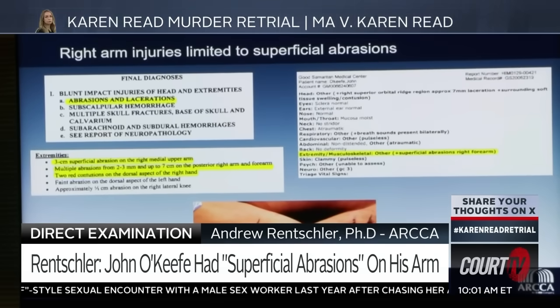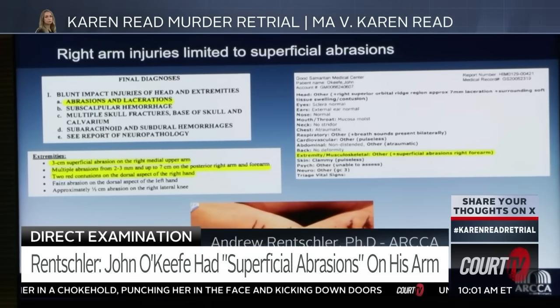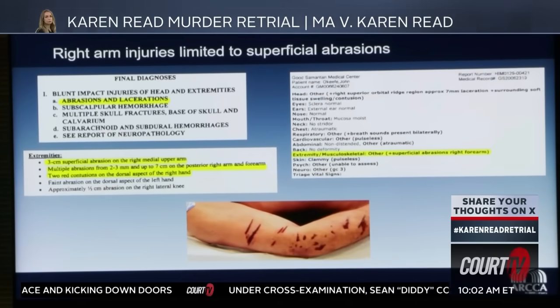When you look at the extremities, everywhere where it talks about the extremities, it's superficial abrasions. So the first step in a biomechanical analysis, you review the medical records, determine exactly what the injuries are. And you can see there's a picture of the actual abrasions.